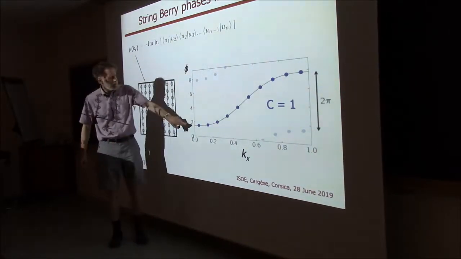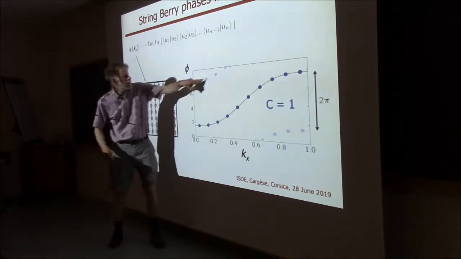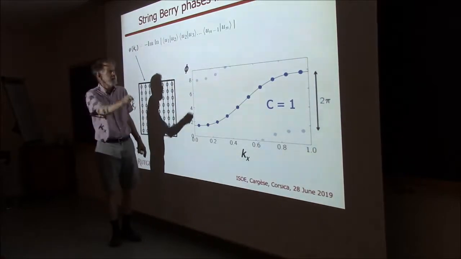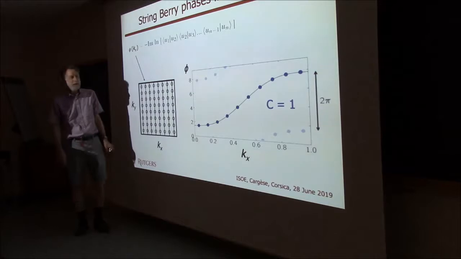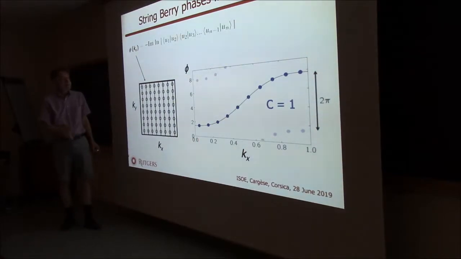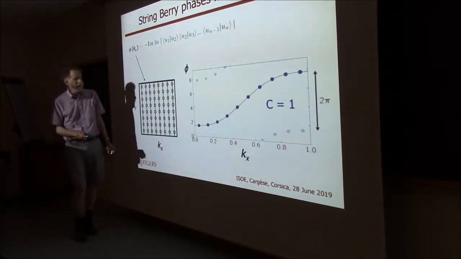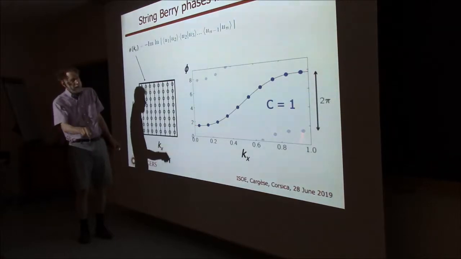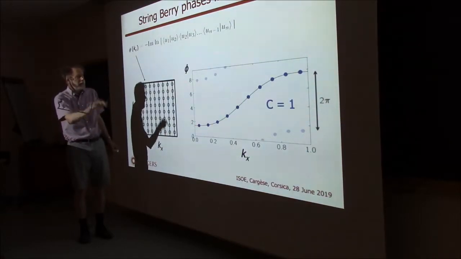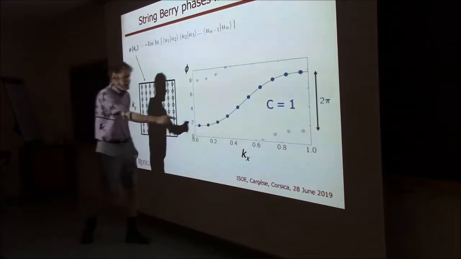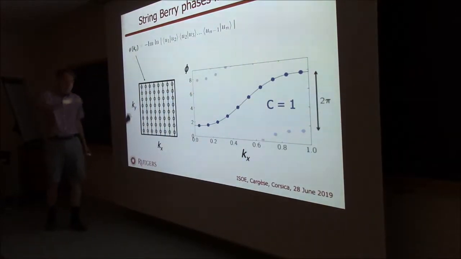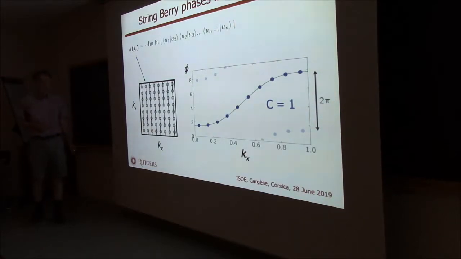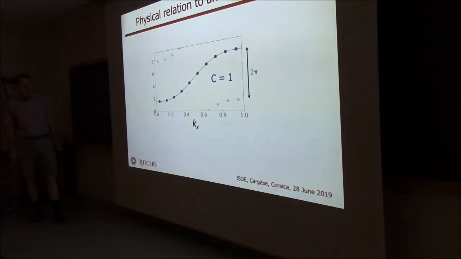So if I plot it this way, I can think of this curve, and there's another curve here that you can just faintly see, and there's another one, and another one. There's this whole family of curves that really all describe the same thing because the Berry phase is only well defined modulo 2 pi. And so when I come over here, I really do have the same family of values that I had here. It's just that in the process of going from the left side to the right side, if I follow it continuously, I go up by 2 pi. And I call that Chern number 1. Is going up by 2 pi.